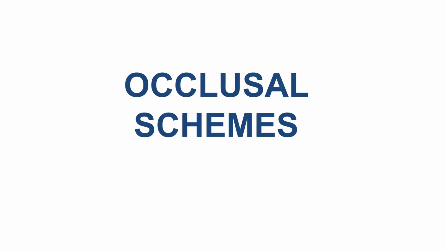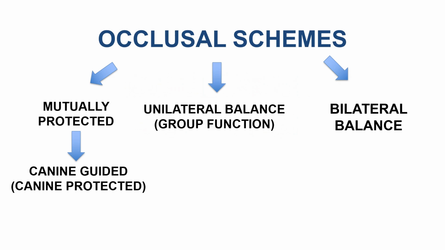So let us now discuss occlusal schemes in natural dentition. Basically, the occlusal schemes can be divided into mutual protection, unilateral balance, or bilateral balance. This bilateral balance is not seen in natural dentition. It is seen only in complete dentures, or it is artificial, so we are not going to talk about this.